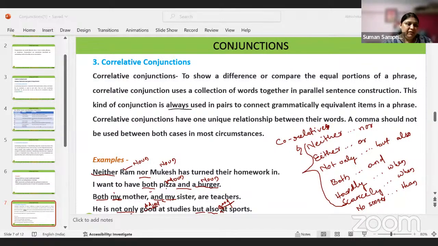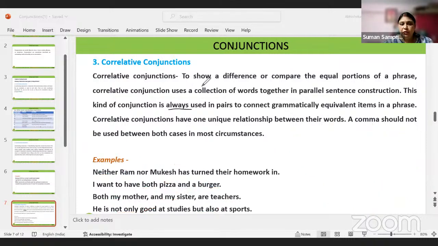So correlative conjunctions are what? Correlative conjunctions are used to show a difference or compare two equal portions of a phrase. They use a collection of words together in a parallel sentence construction. What is a parallel sentence construction?